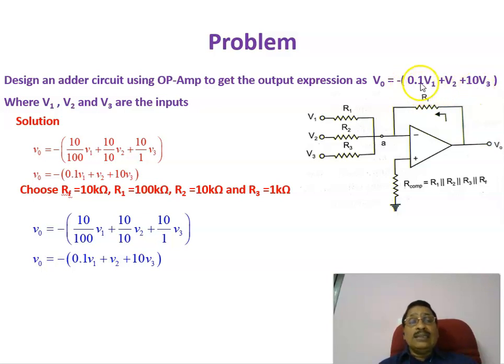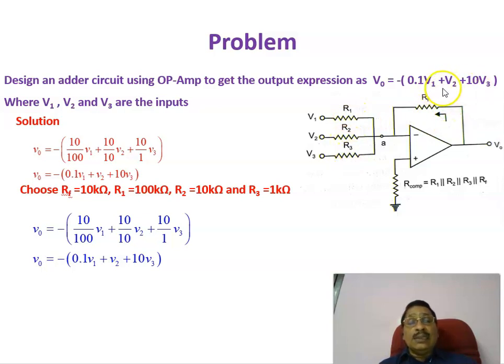As per this equation, V0 is given by minus of RF divided by R1 into V1 plus RF divided by R2 into V2 plus RF divided by R3 into V3. Therefore, the weightage RF by R1 equals 0.1. In order to get that, we have to choose the values of RF, R1, R2 and R3.